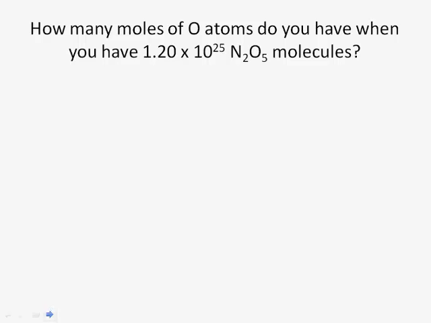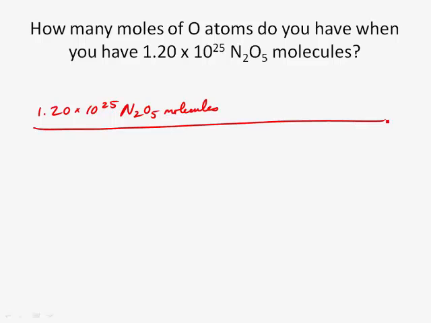Okay, now let's take a little bit of a step further with this. Say I have N2O5. I have 1.2 times 10 to the 25th N2O5 molecules, and I want to know how many moles of oxygen atoms I have.